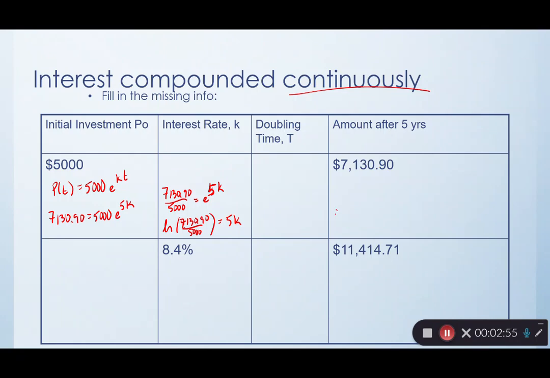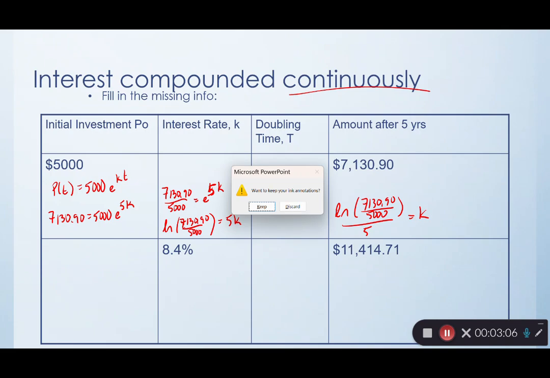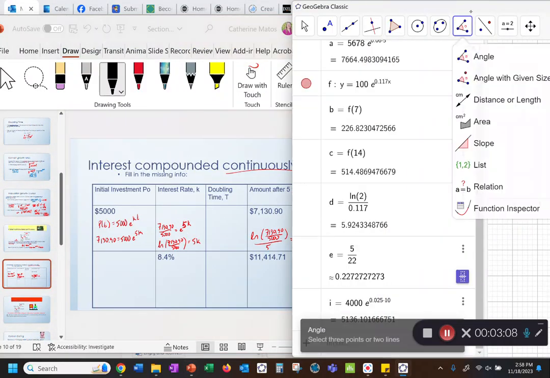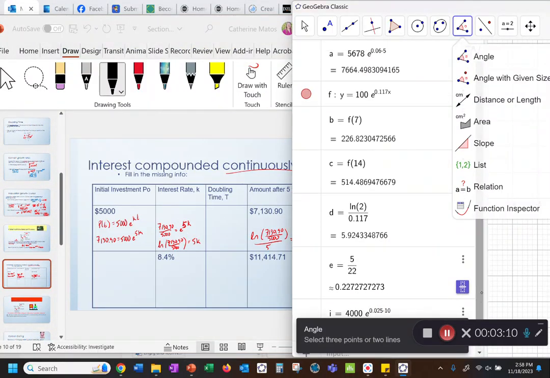I'm going to write it over here. So we've got ln 7130.90 over 5,000, divide by 5. There is our k. And we've got to go plug that in because I don't have the foggiest clue what that is.